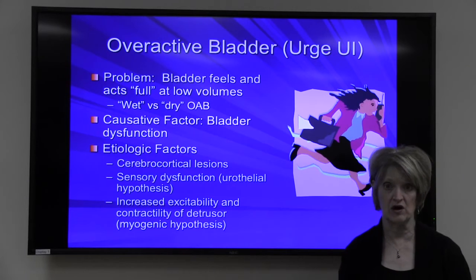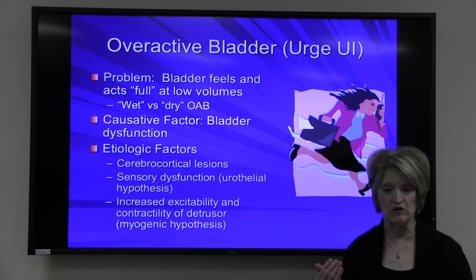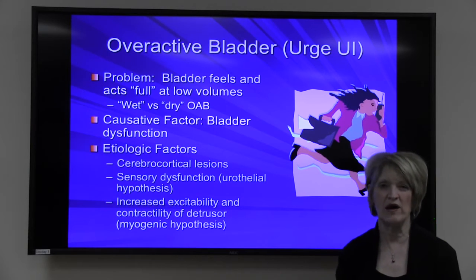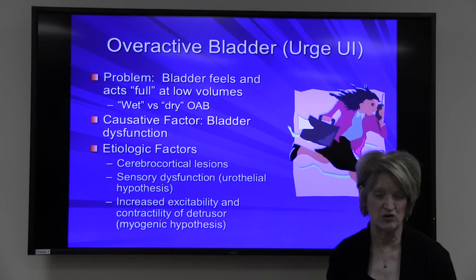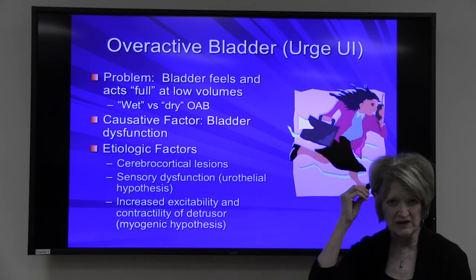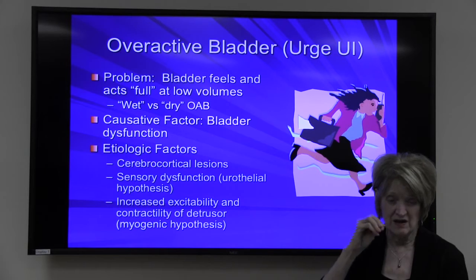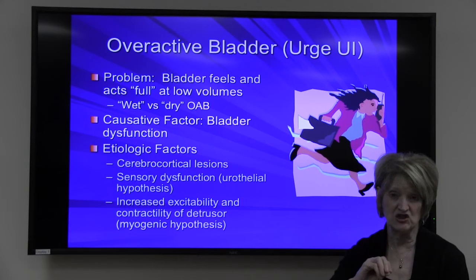We still don't know. In some patients, it seems to be cerebrocortical lesions or disease, so we know that OAB is common in patients who have had stroke, so that they've lost some of that ability to synthesize data and to make appropriate decisions and to override the PAG and the Pontine Micturition Center.